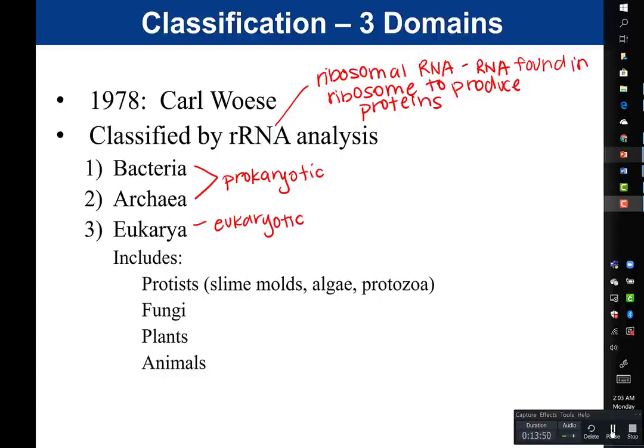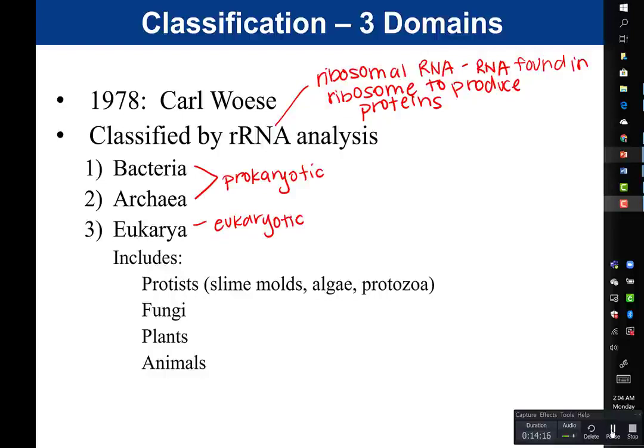That's because the way an organism was classified as a protist was that it was a eukaryotic cell, but it wasn't a fungus, an animal, or a plant. So it didn't meet the criteria to be any of those 3, but it was still eukaryotic. So they put all of those organisms in Protista.